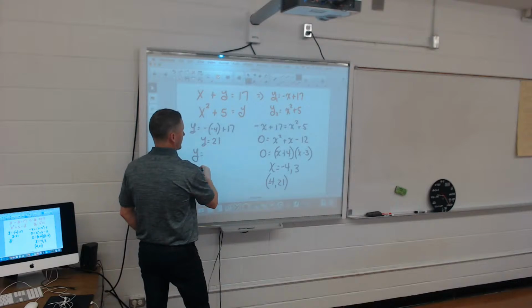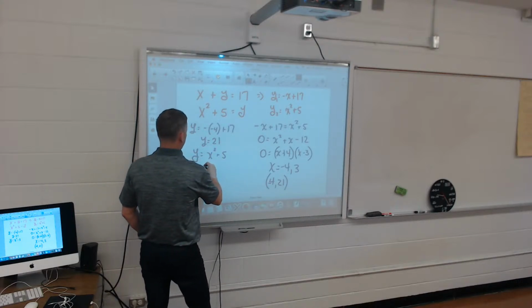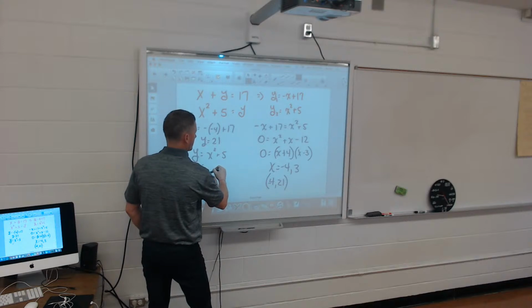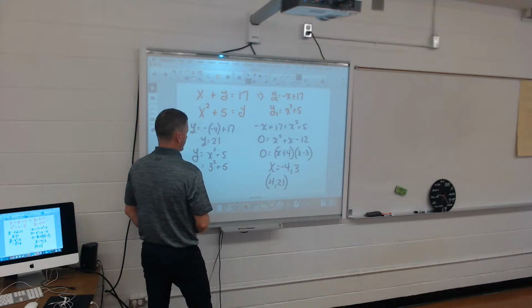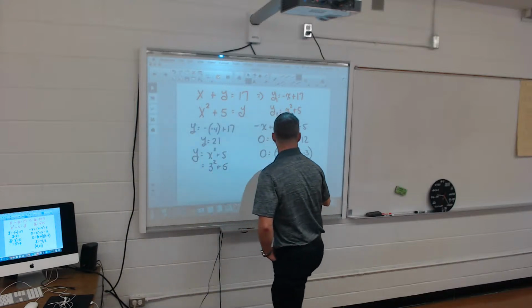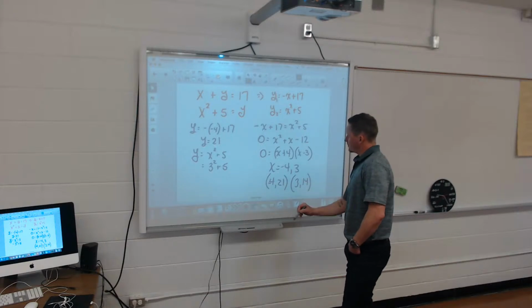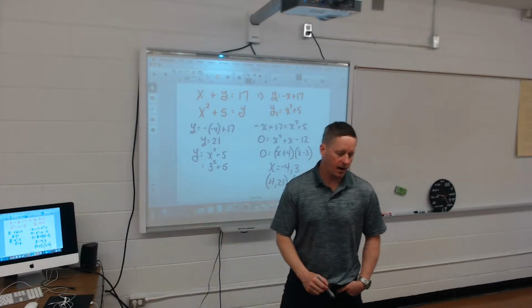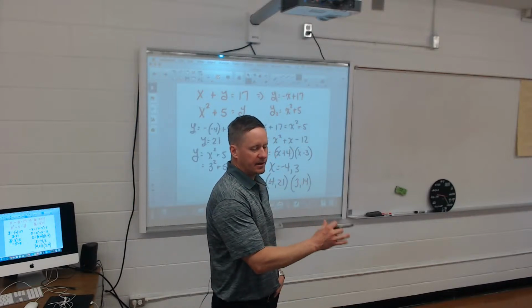Do the same thing again. y equals x squared plus 5. That's equal to 3 squared plus 5. Okay, 9 plus 5 is 14. So my second one would be 3 and 14. So that's where we want to go tomorrow, solving using algebra.